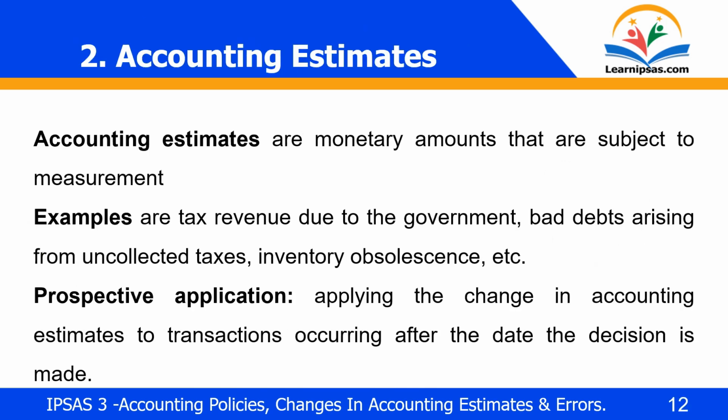Okay, what are accounting estimates? Estimates are monetary amounts. By the way, estimates come from the accounting policy. For example, you may be applying IPSAS 17, property, plant, and equipment, using your historical cost model.